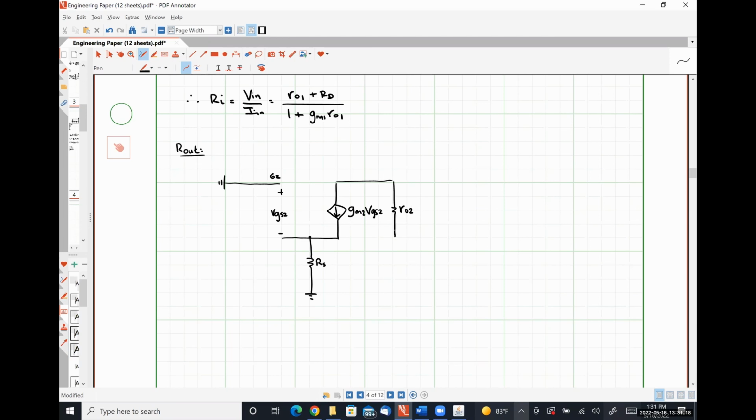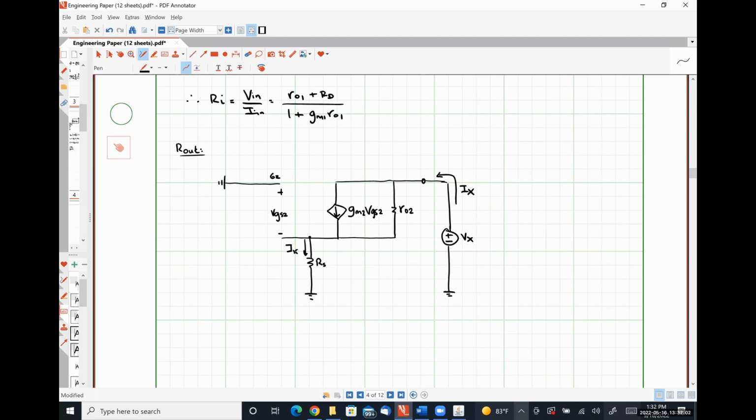Here is R02. And then this is where I broke into the circuit to apply my voltage source. All right, hopefully we can all see. This is also my current IX.